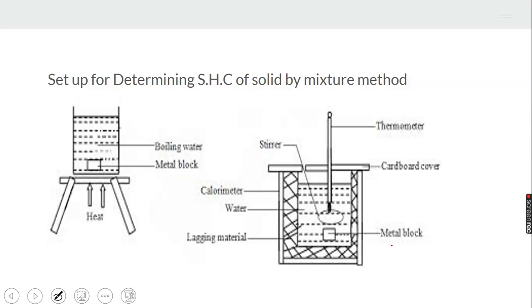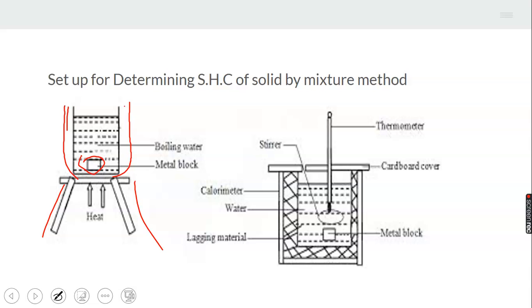You see, this is a stand. This is a glass flask, and the water inside it is boiling. Then we have a metal block, usually made of copper, which is being heated inside the boiling water.